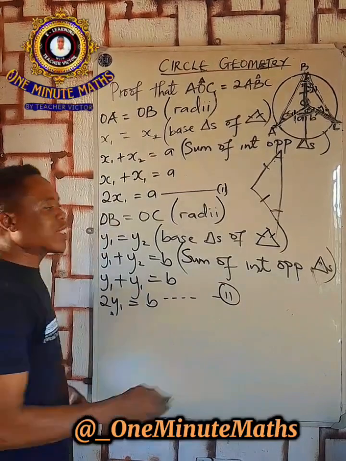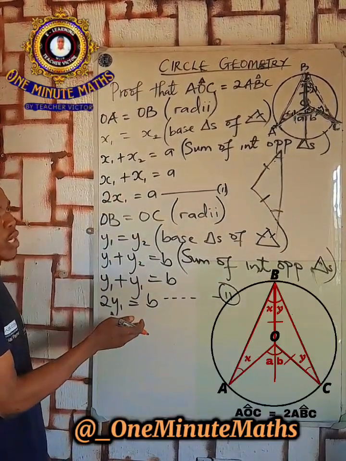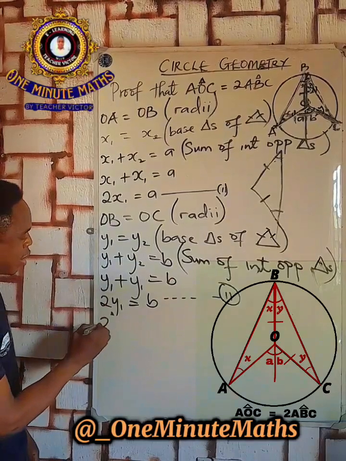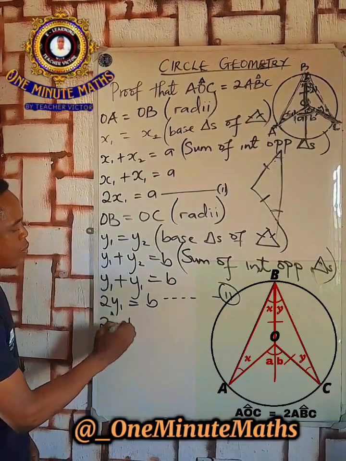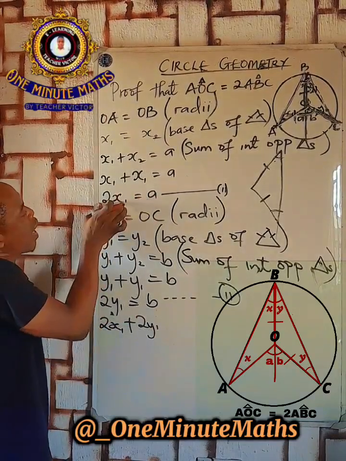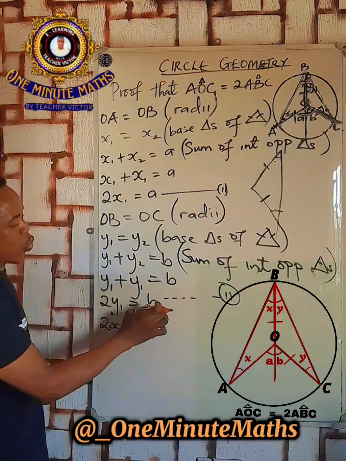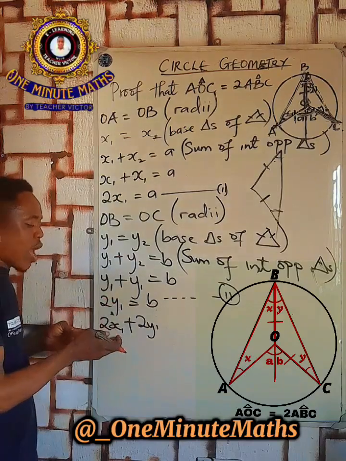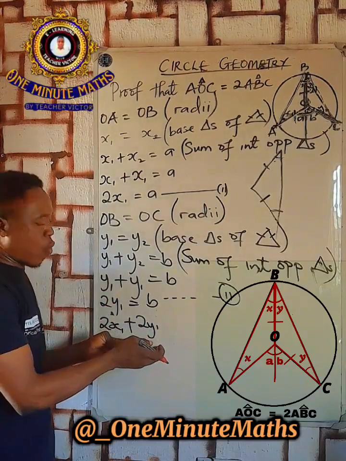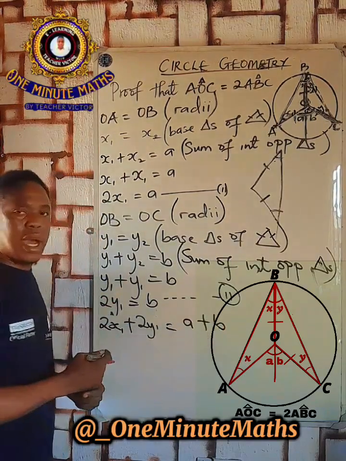All right, the next thing we want to do is add equation 1 and equation 2 together so that we have something like this. 2x1 plus 2y1. Since 2x1 is equal to A and 2y1 is equal to B, if I add 2x1 to 2y1, it's like adding A to B. Are we together?